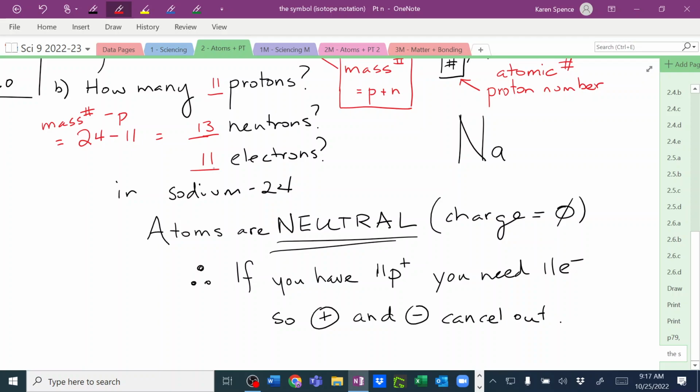And I never did finish putting on the numbers on my symbol. Tell your partner what number goes at the top and what number goes at the bottom on our symbol.